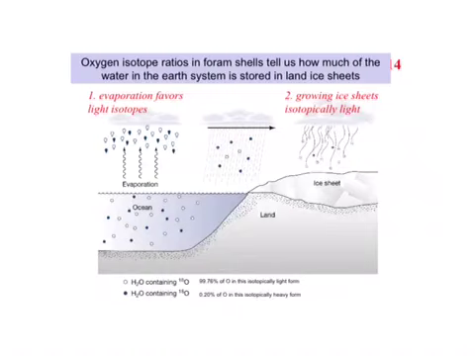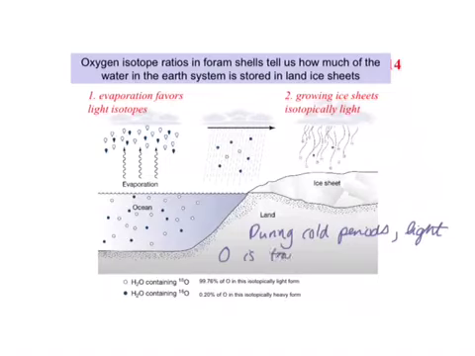Okay, so during cold periods, light oxygen is trapped in ice sheets, leaving the remaining oxygen in water heavy.